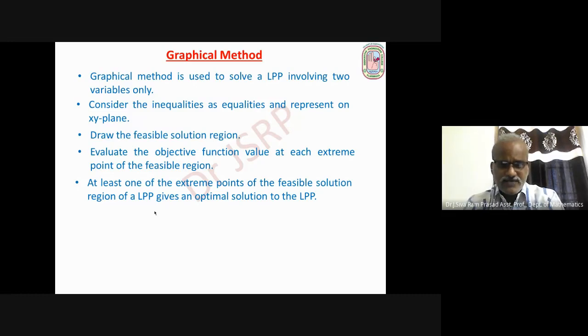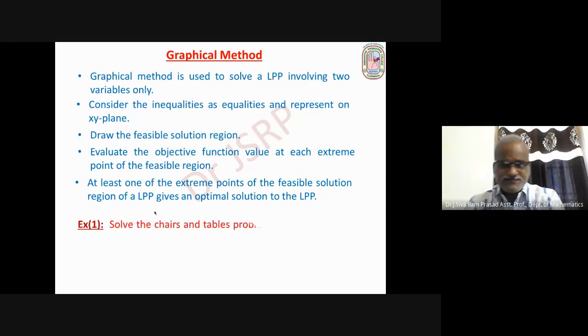That is, every basic feasible solution is an extreme point of feasible solution region and vice versa. That is, every extreme point of feasible solution region is a basic feasible solution. So we evaluate the objective function value at extreme points of feasible solution region. So we consider the largest value in case of maximization, and we consider the smallest value in case of minimization problem.